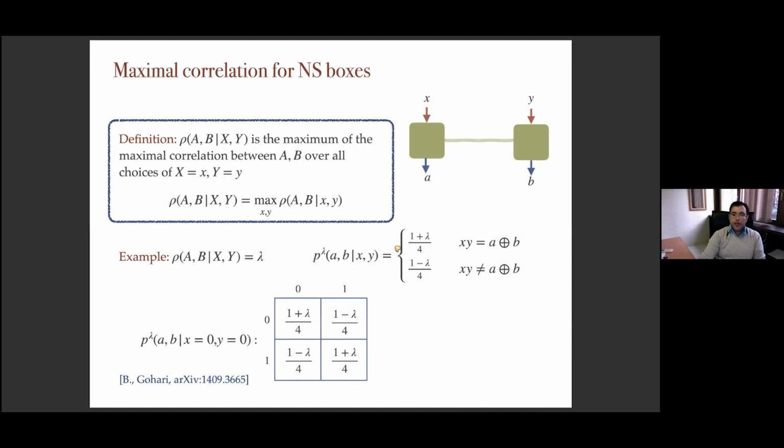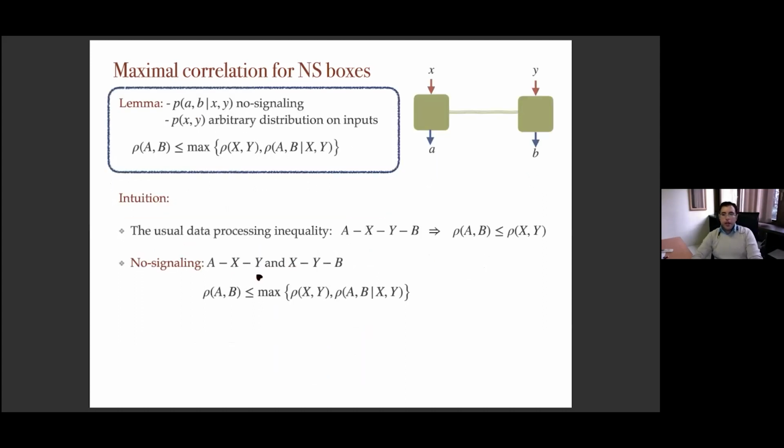For example, if I consider this kind of generalized PR boxes, the maximum correlation would be lambda as before. So I should be a bit quick. The whole point is that I have a data processing type inequality for the wirings of non-signaling boxes when the measure of non-locality is measured in terms of maximal correlation.